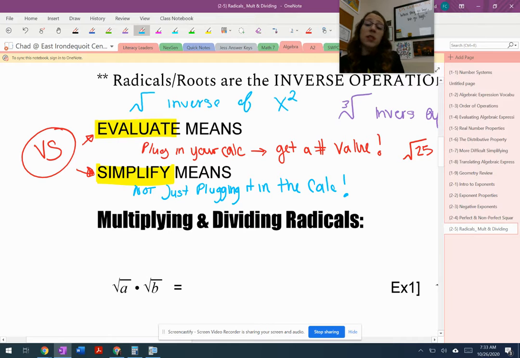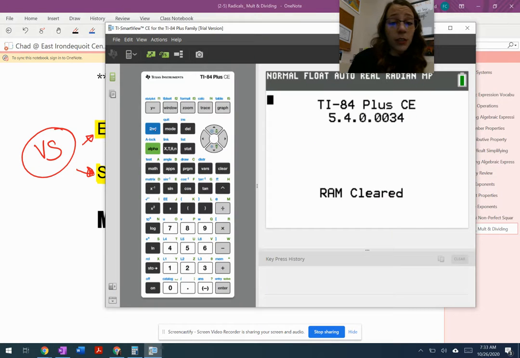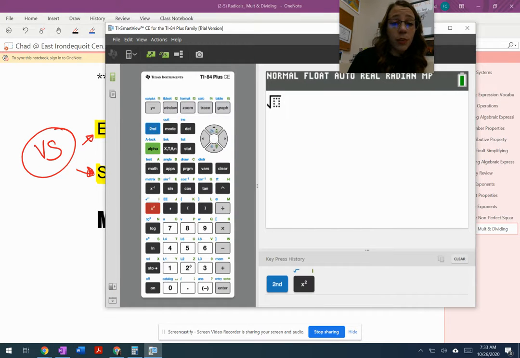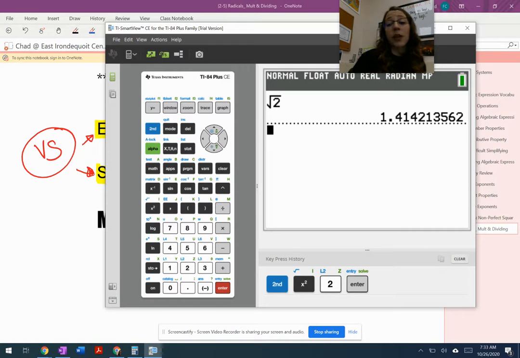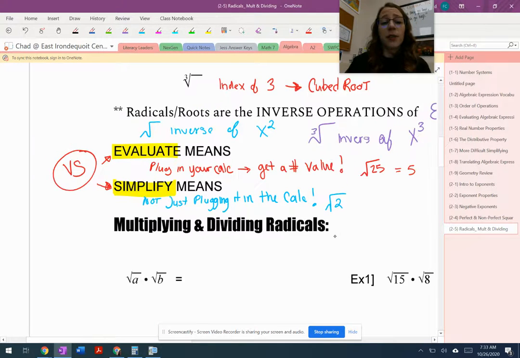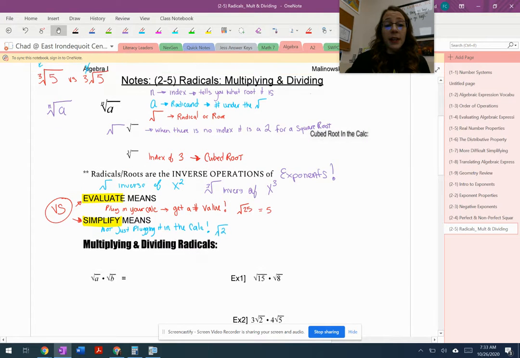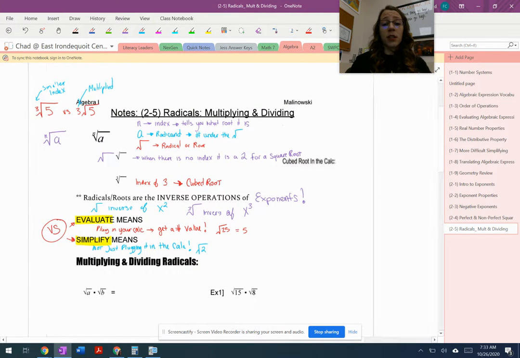And sometimes it means that your final answer will just look something like the square root of 2, instead of that ugly long decimal when you actually do the square root of 2. So this would be evaluating it, writing down that 1.412 decimal. Just simplifying would be leaving it as the simple square root of 2. So we're going to look at some examples for multiplying and dividing in a moment, because that was a lot.